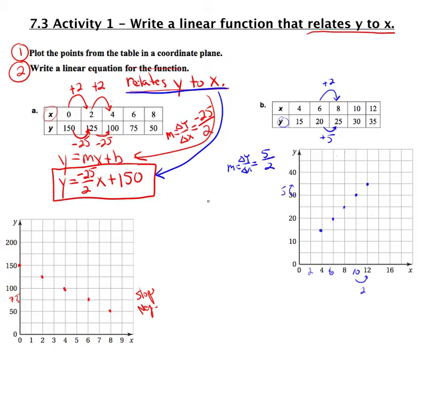So now that's going to go on our equation. To relate y to x is our equation, because it's in a straight line here, it has a constant rate of change, is y equals mx plus b, and our 5/2 goes in for the slope, the m. We bring down the equals, bring down the y, bring down the x.